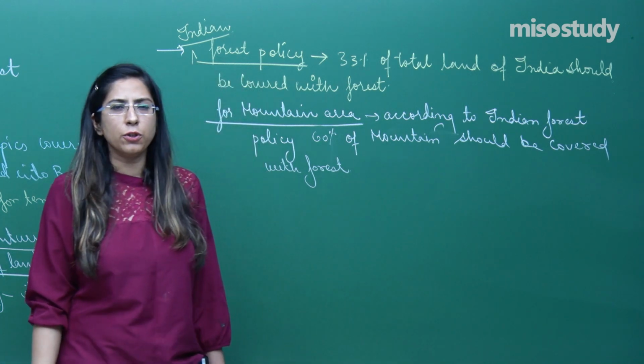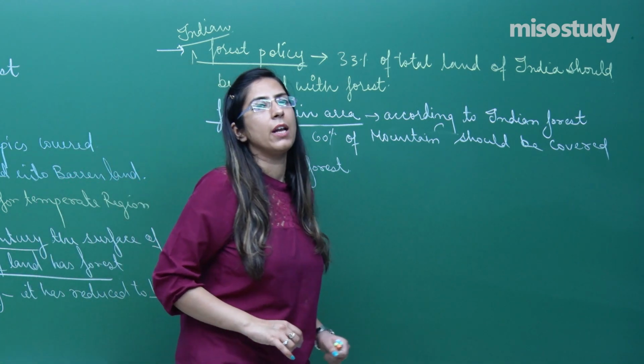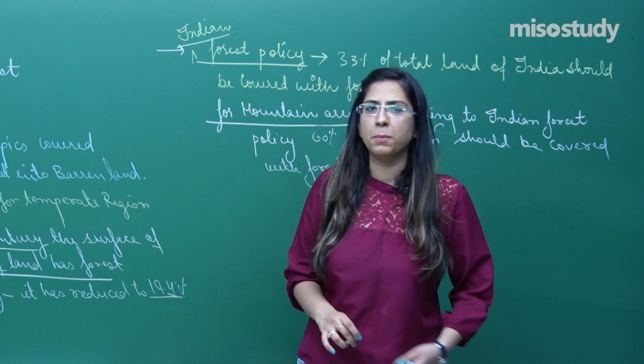As per the land, it should be 33%, whereas for the mountains it should be 60%.